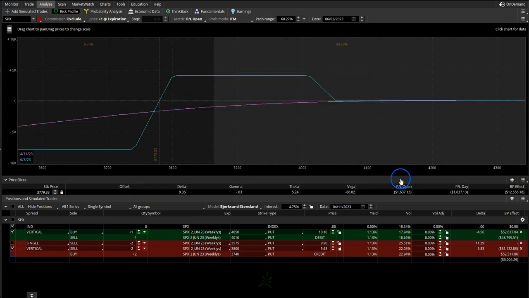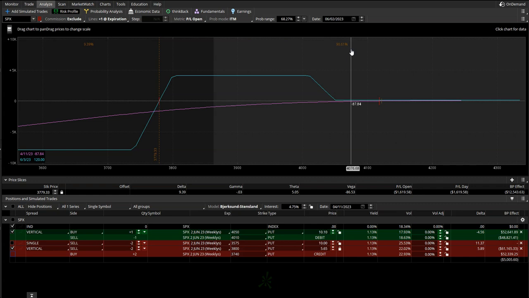But at the same time, if we were to look at what is the implied probability of profit here, what is the implied probability of SPX expiring somewhere above our downside break even, which is at 37.80, the implied probability of profit for this trade is about 90%.